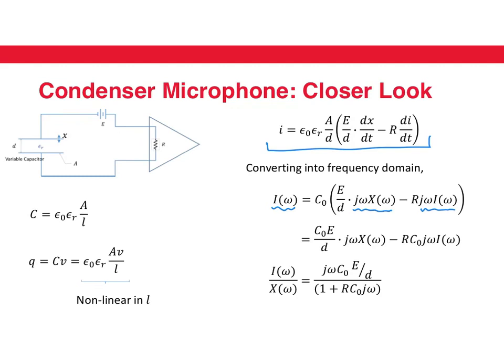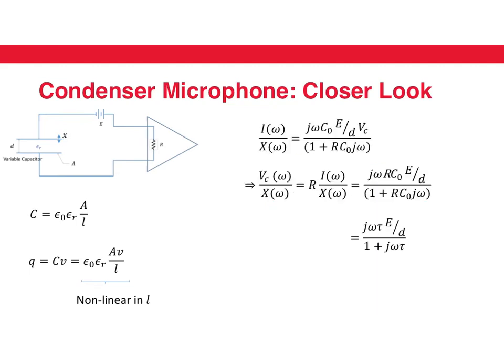If we do some algebra, we get the transfer function which is given like this. So this is a relationship between the current that is induced in the circuit as a response to the displacement of the capacitive plates.